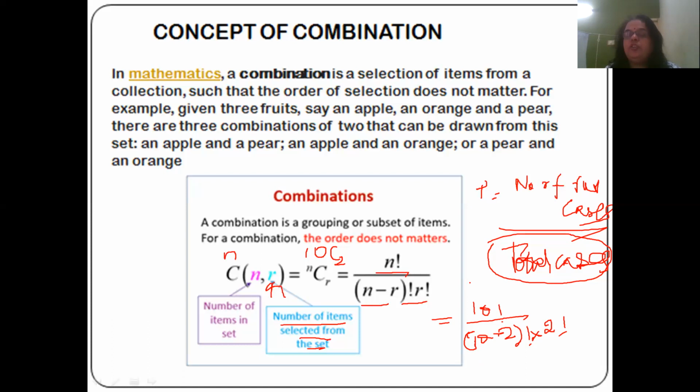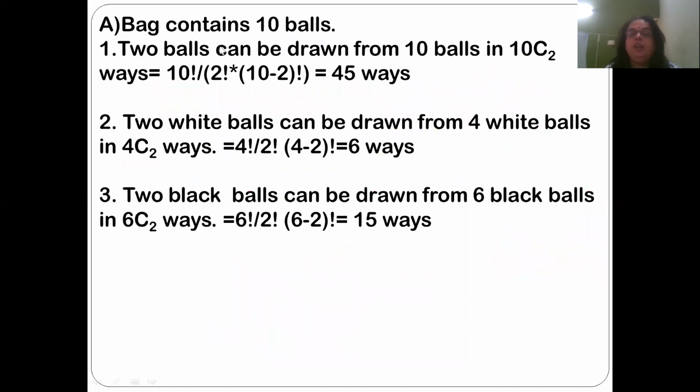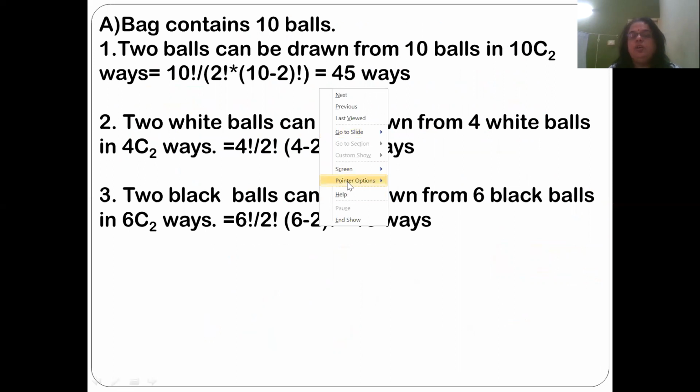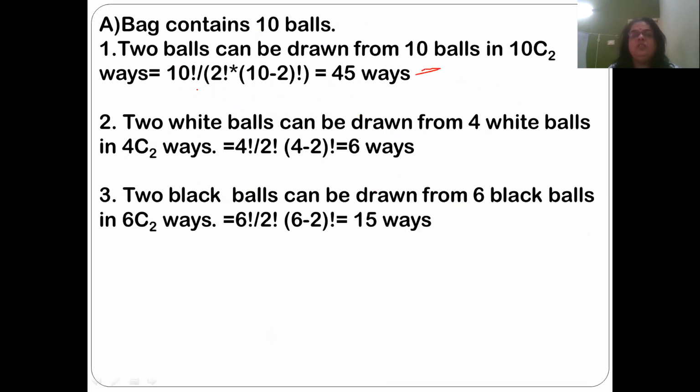We will go to the next slide. See, the bag contains 10 balls. 2 balls can be drawn from 10 balls in 10C2 ways, and that is equivalent to 10 factorial by 2 factorial into (10 minus 2) factorial.